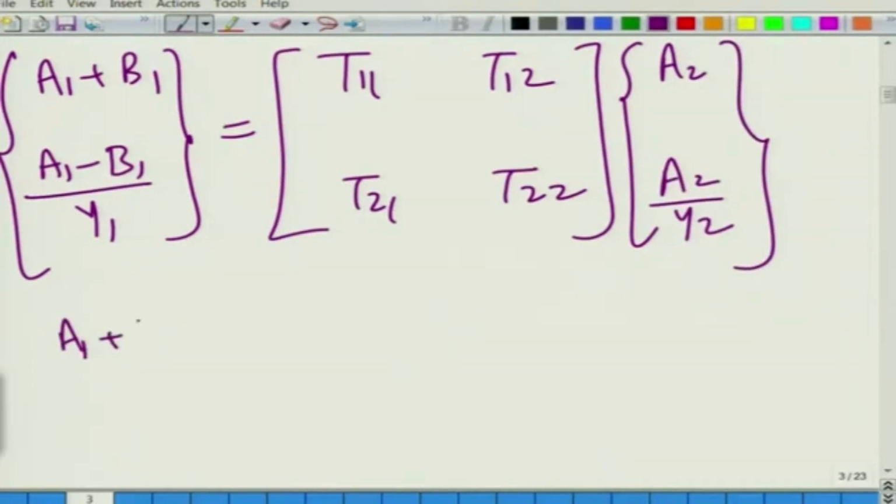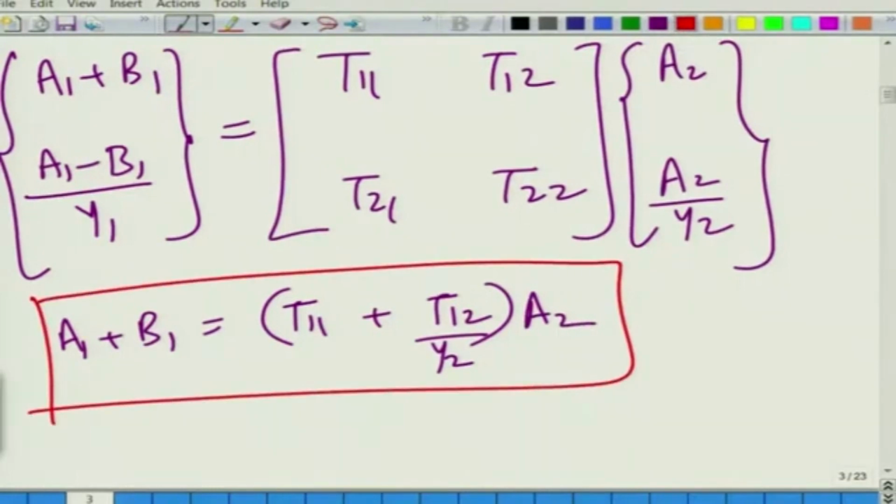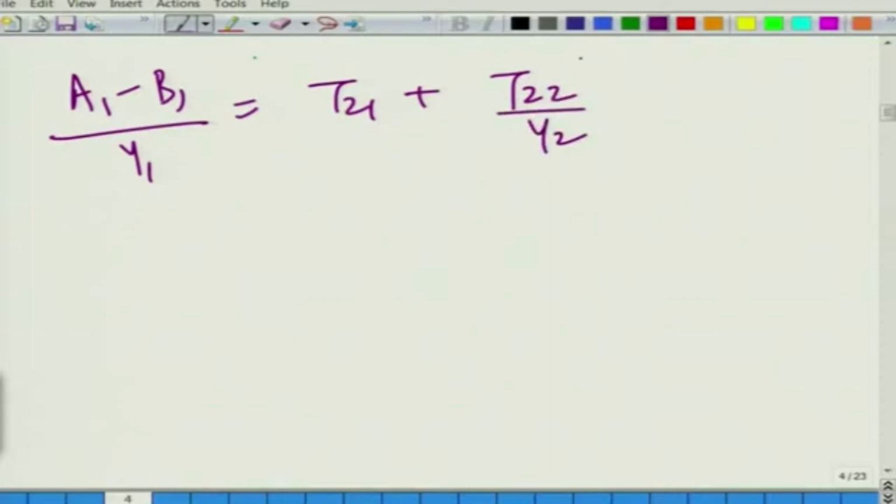So, A1 plus B1 is equal to T11 plus T12 by Y2, multiplied by A2. Let us call this equation 1. What about the other one? A1 minus B1 by Y1 is equal to T21 plus T22 divided by Y2, whole multiplied by A2.